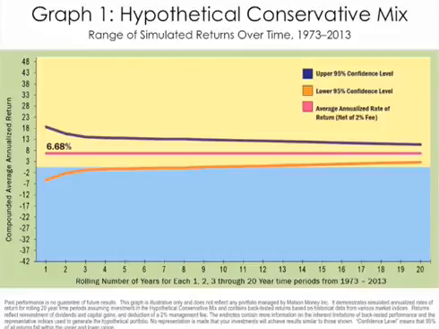So let's begin by looking at the hypothetical conservative mix. Now, you may recall that the conservative mix consisted of 75% fixed and 25% equities spread out over the US and international equities. Now, what you'll see on this particular graph number 1 is an averaged annualized rate of return of 6.68 net of 2% fee.